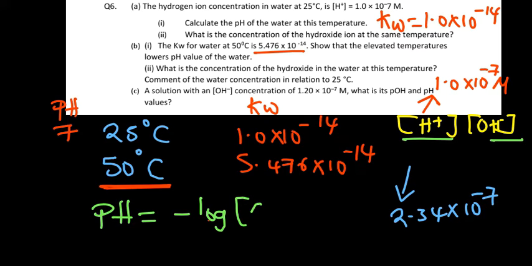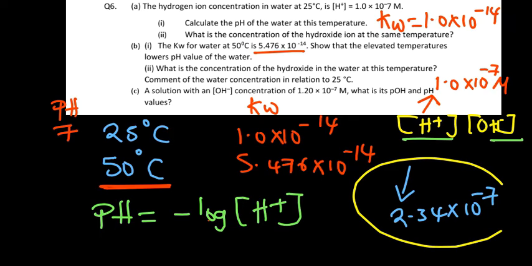One thing you need to know is that the higher the concentration, the lower the pH. So since the hydrogen ion concentration has increased, with the assumption that the amounts of protons and hydroxides were equal, the pH would be lowered due to an increase in the hydrogen concentration.